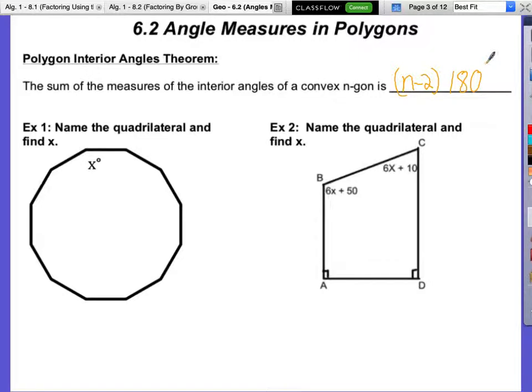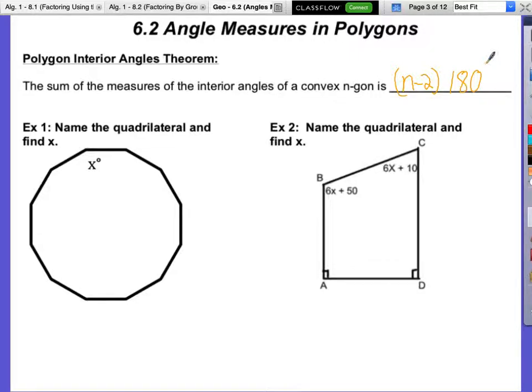A pentagon, a 5-sided figure, has 3 triangles. So all the time it was n minus 2 was the number of triangles, and every triangle has a sum of 180. So you have to have 180 for every single triangle. That's how we got that. Is that kind of coming back a little bit?